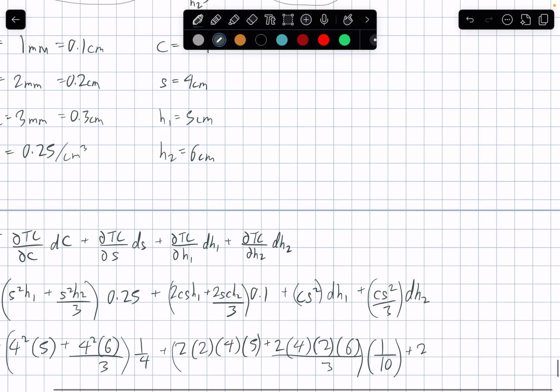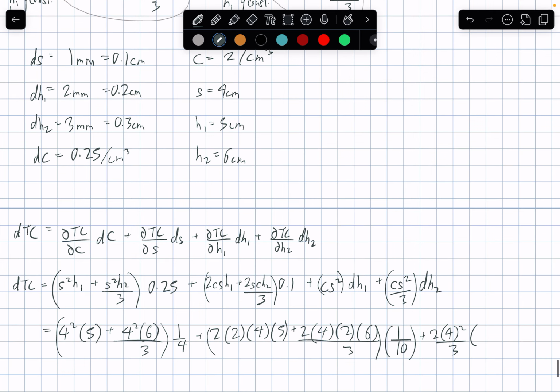Plus C times S squared over 3 times DH2, which is 0.3, or 3 over 10.